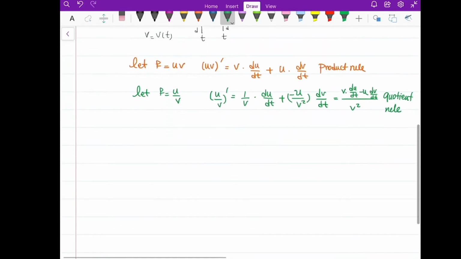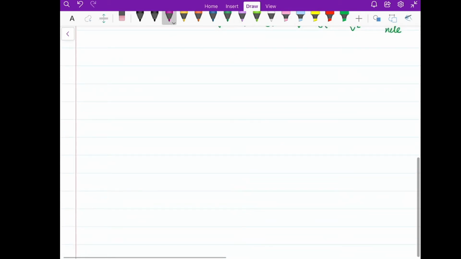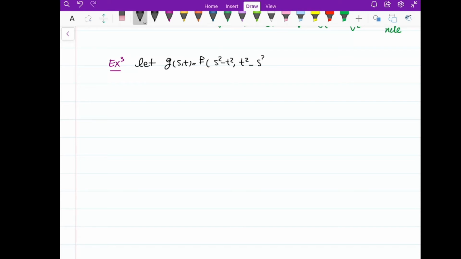Okay, let's look at another example. Example 3. Let g of s and t be f of s squared minus t squared and t squared minus s squared, and f is differentiable.